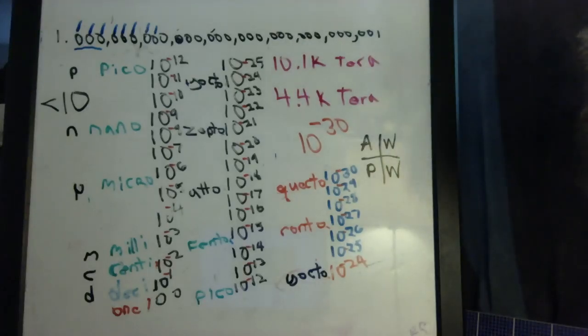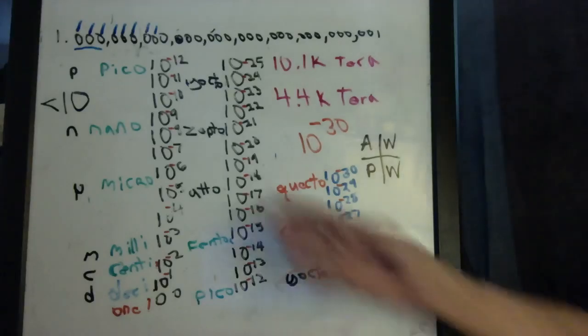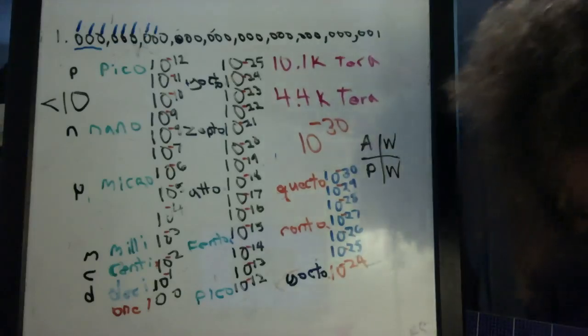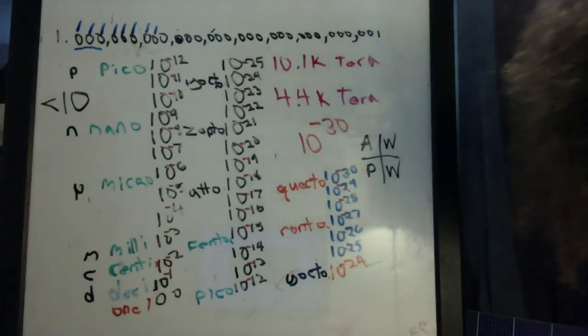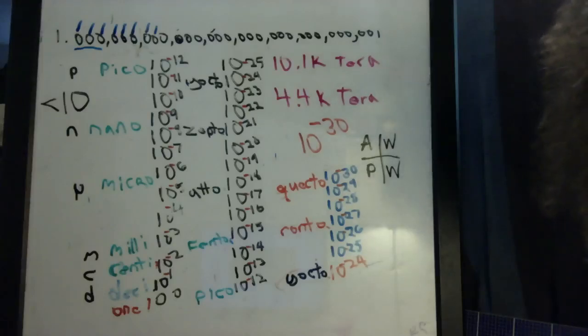Okay, I think I'm done beating this horse. That's kind of important. And that's another thing: knowing the Greek alphabet, because it shows up.